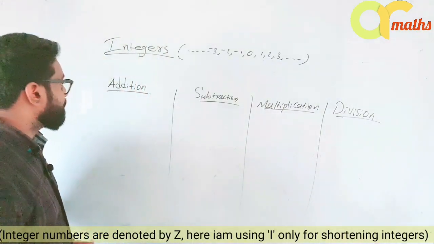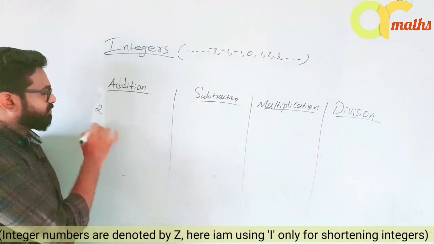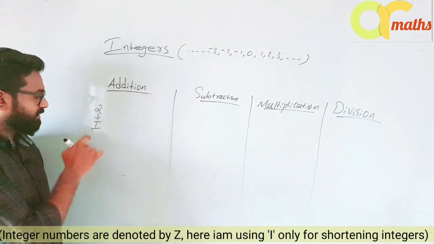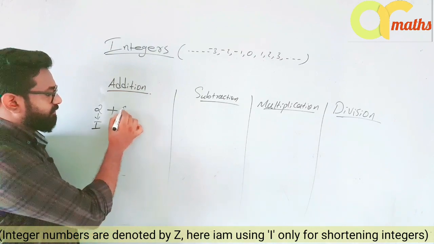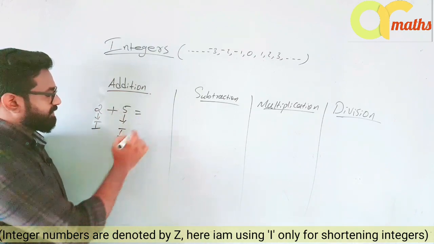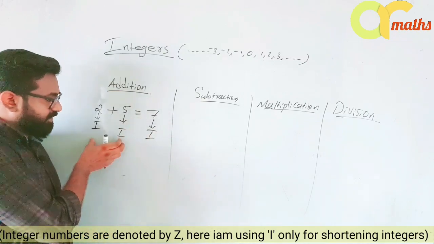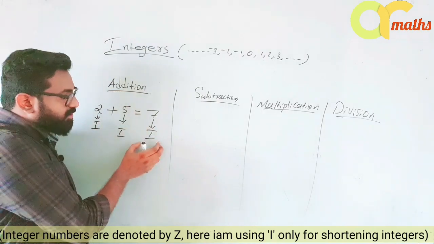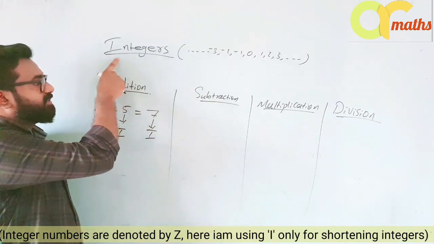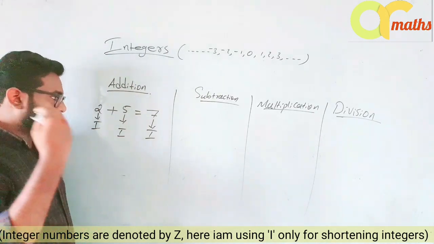Next, we are discussing the closure property in integers. Take an integer number. Suppose I am taking the integer 2, and take another integer, 5. Then what is 2 plus 5? That is 7. So it is also an integer. So the input is an integer and the output is also an integer. So integers are closed under addition. You can take any example.